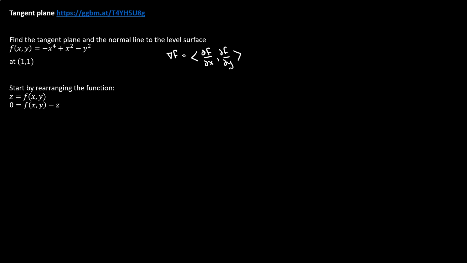And our tangent plane needs a 3D vector as the normal vector. So what we can do is start by rearranging our function. Instead of having f of xy equals just an expression involving x and y, we're going to rewrite our function replacing f of xy with z.